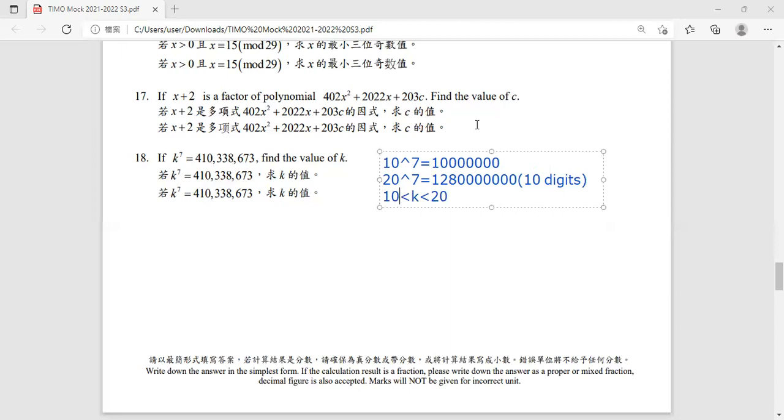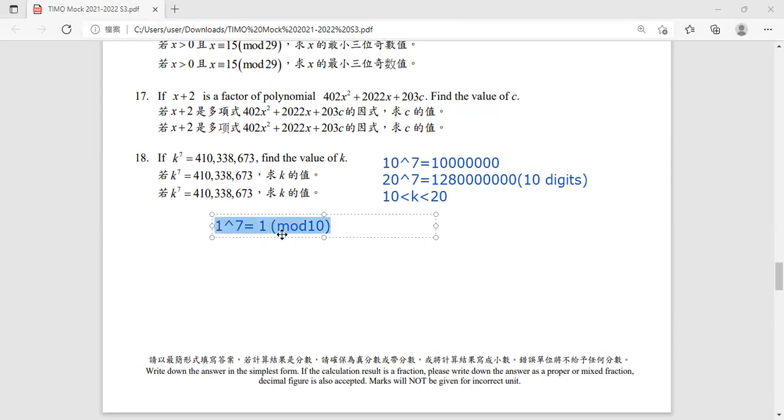Now I check the numbers. You can check the unit digit for each one. If a unit digit is 1, 1 to the power 7 equals 1 mod 10.